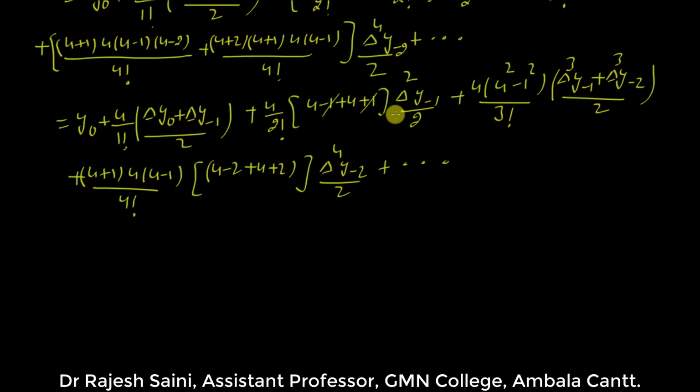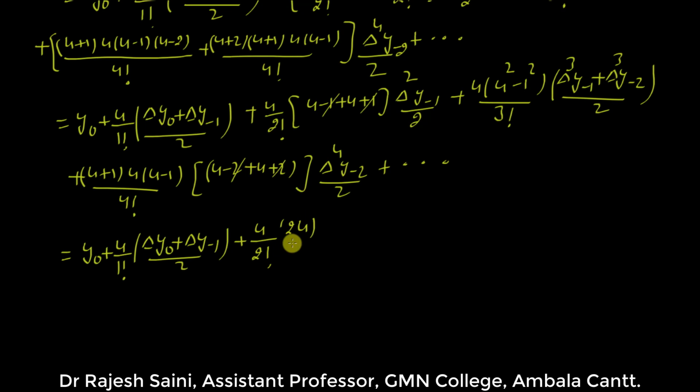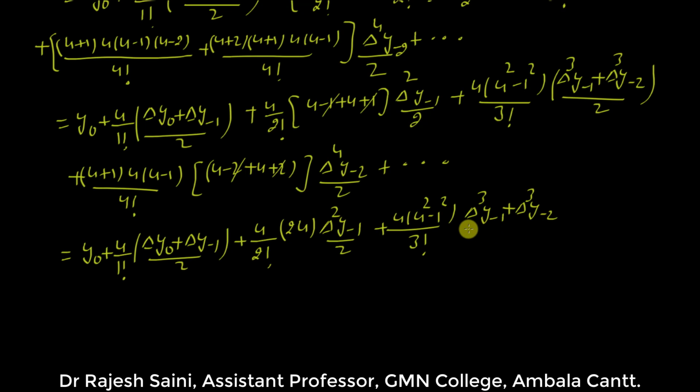Now this will cancel out, this will cancel out, so it will be 2u, and 2 to 2 will cancel out, so it will be y naught plus u by 1 factorial delta y naught plus delta y minus 1 by 2, plus u by 2 factorial, it will be 2u delta square y minus 1 by 2 plus u square minus 1 square by 3 factorial delta cube y minus 1 delta cube y minus 2 divided by 2.